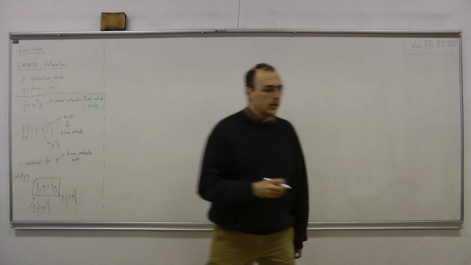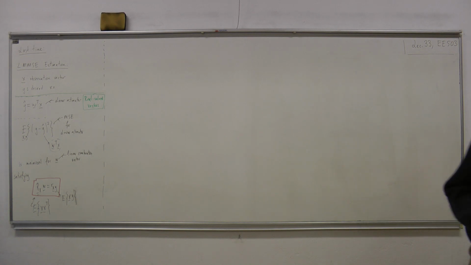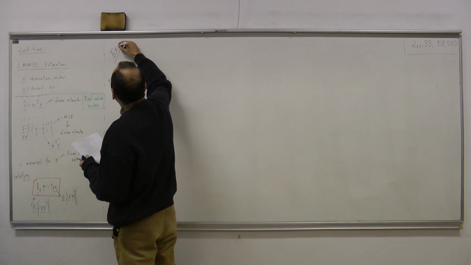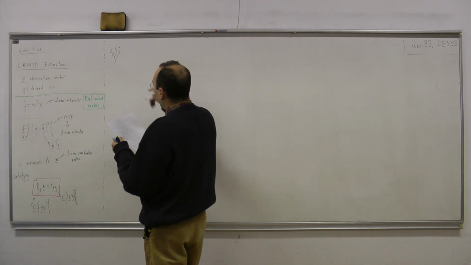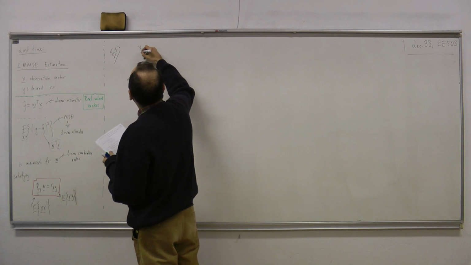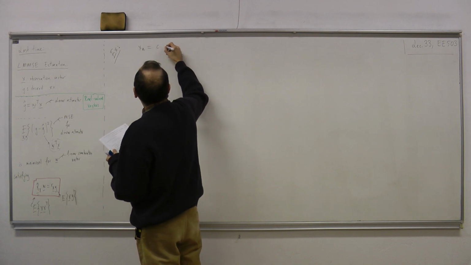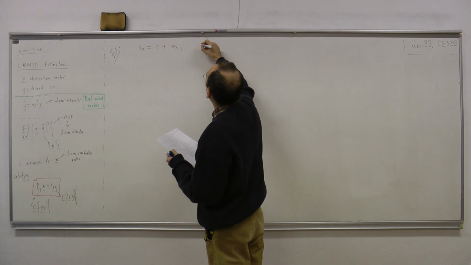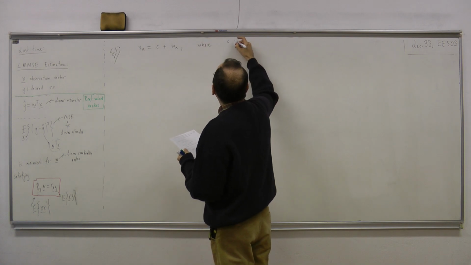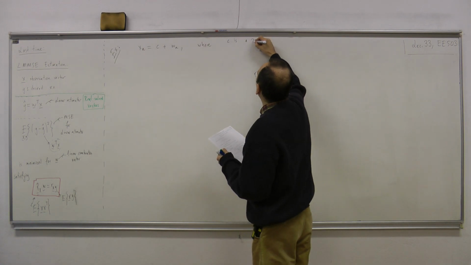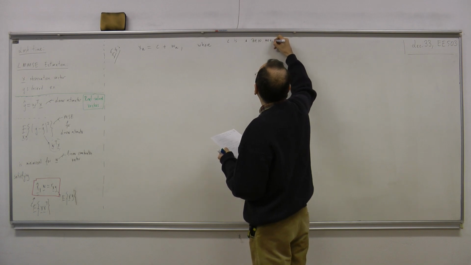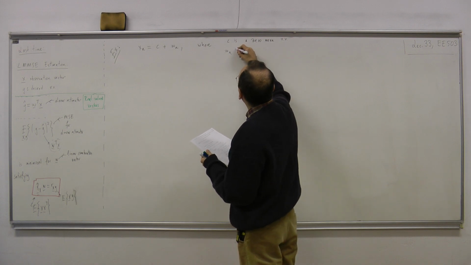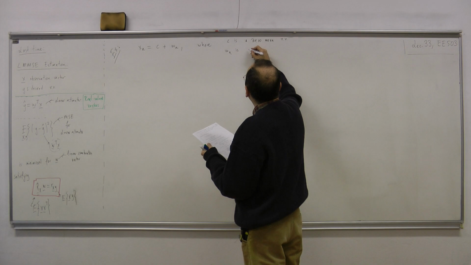So what is our example? I would like to illustrate the application of this rule. Now I'm assuming that x of n, my nth observation, is c plus w of n, where c is a zero mean random variable, and wn is independent Gaussian random variable, N(0, sigma wn square).